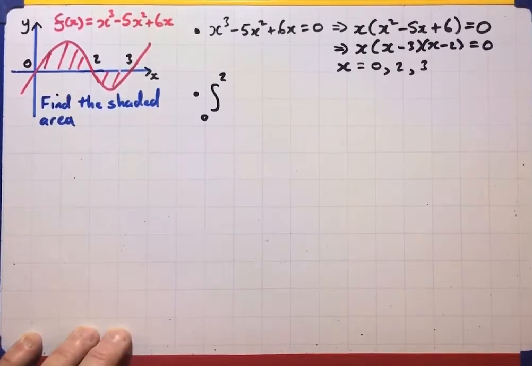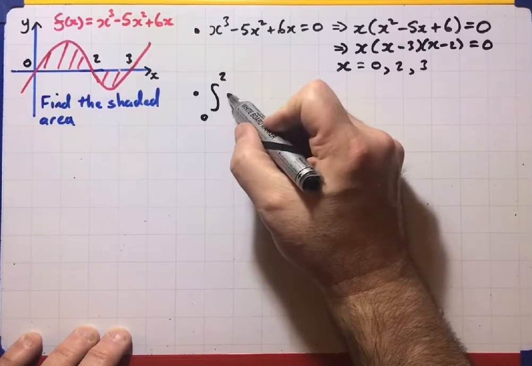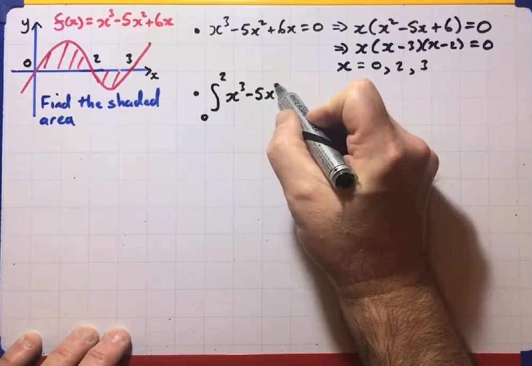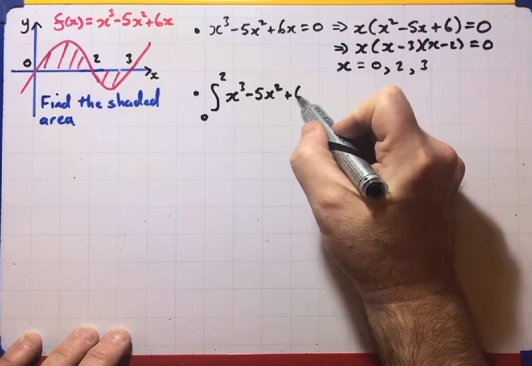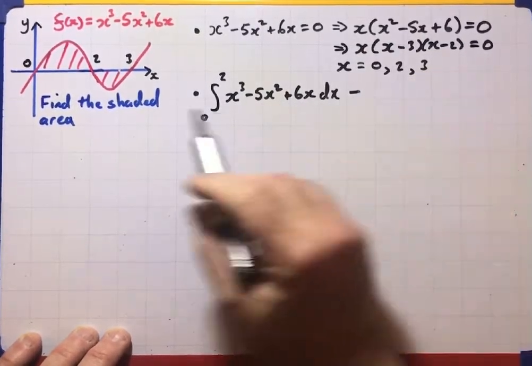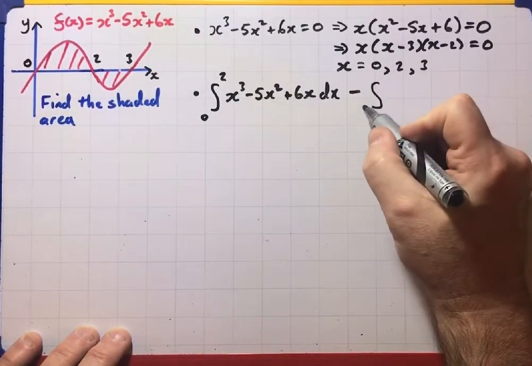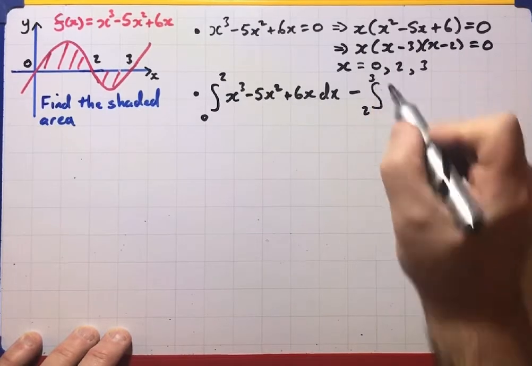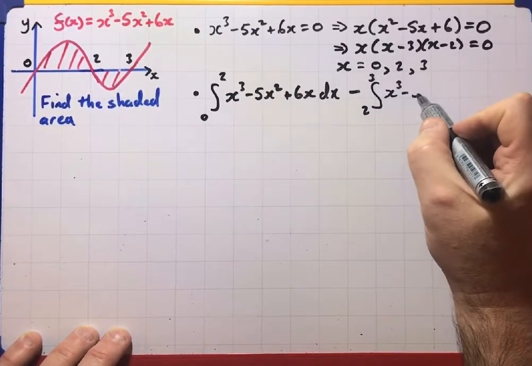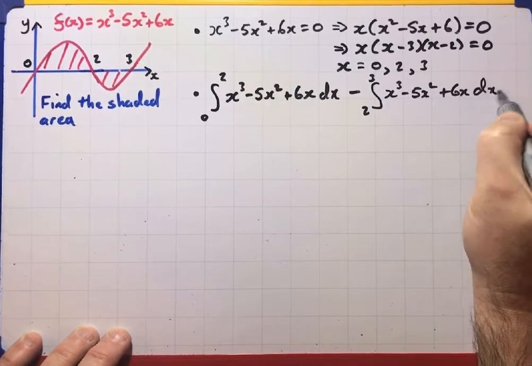That's the bit that's above the x-axis, so it's x cubed minus 5x squared plus 6x dx. And from that, we'll have to take away the bit that's below the x-axis, which is the bit between 2 and 3 of same integral, x cubed minus 5x squared plus 6x dx.